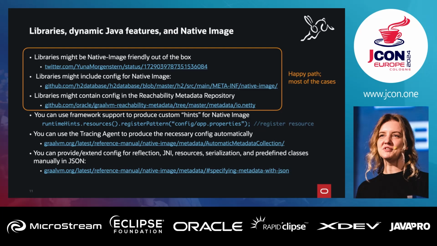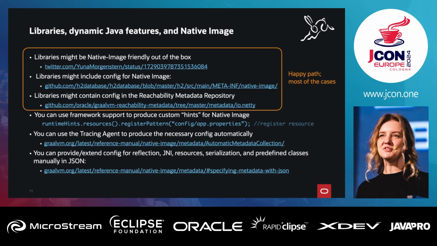This is a good way, but if you're on the older version of a framework, maybe you're not using any framework at all, maybe you have your own custom code, the next best thing you can do is that we have a tracing agent inside the native image itself. And this tracing agent exists so it can observe your application behavior at runtime. And let's say I'm making some reflection call at runtime, or I'm accessing some resources at runtime. So the way I will do this is I will run my application on the JVM.